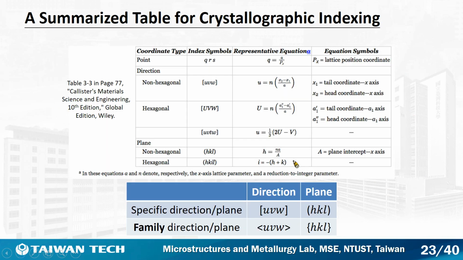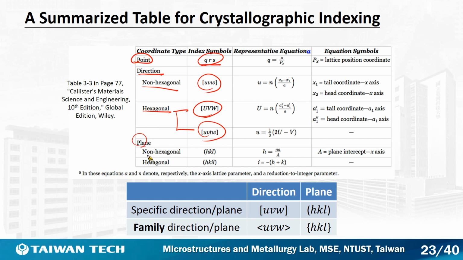And this is a summarized table for crystallographic indexes. So we have points q r, we have points q r s, directions u v w, and also we have non-hexagonal one and hexagonal one. So u v w, u v t w. For hexagonal one, we have two ways to express it.